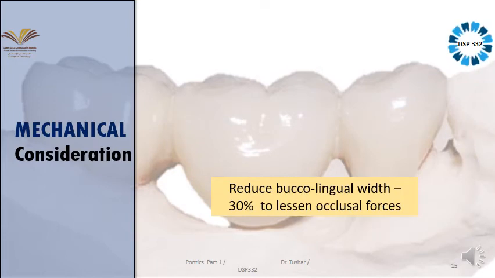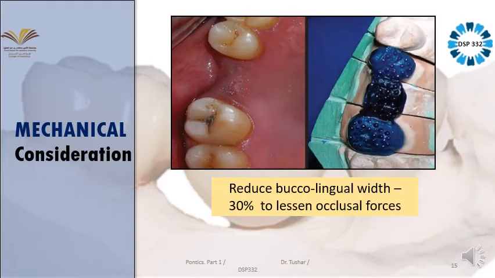Coming to this part, you have to understand. When you are replacing any missing natural tooth, whatever the occlusal table dimension and surface area of the pontic was before, the pontic should have 30% less surface area.